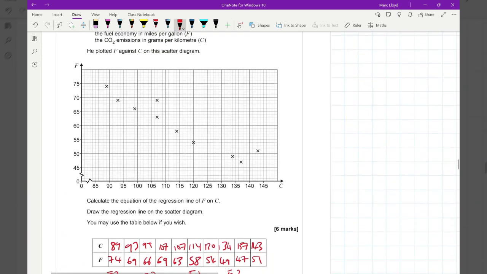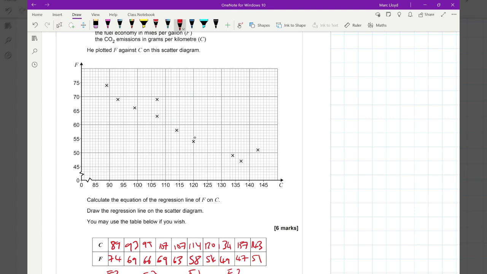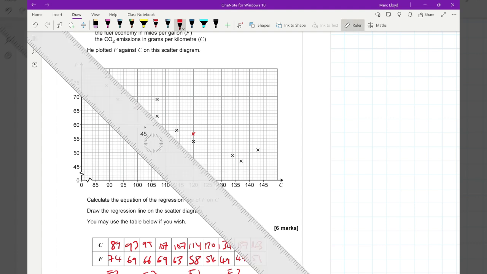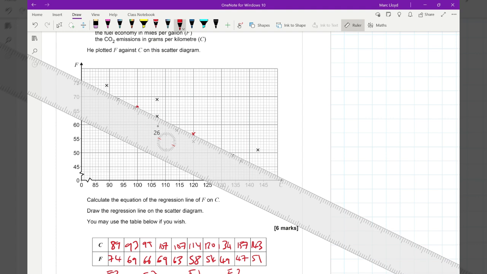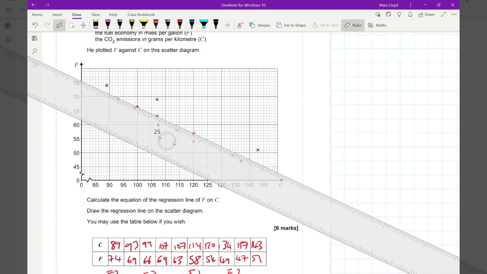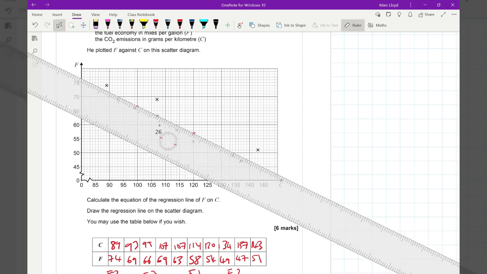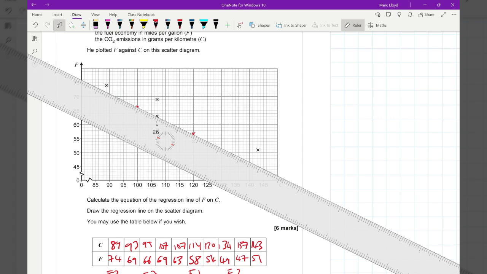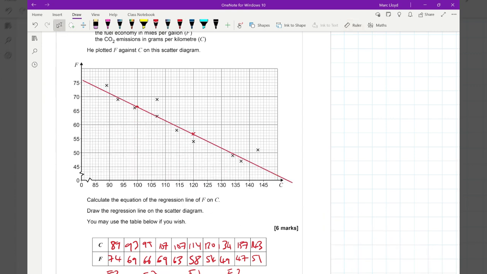Going back up to here, 120 is at 57.1, which plots it there. 100 is at 66.7, so I'm just going to put it in there. Then it's a matter of getting the ruler in between both lines. 26 degrees looks good. Okay, and then my regression line is drawn. I'm happy with that.